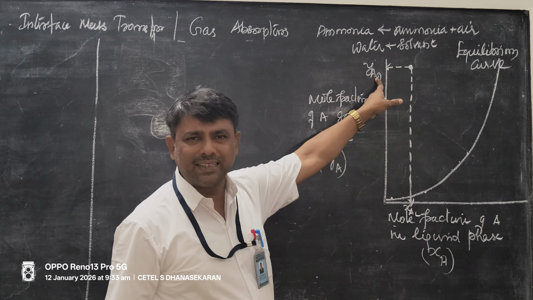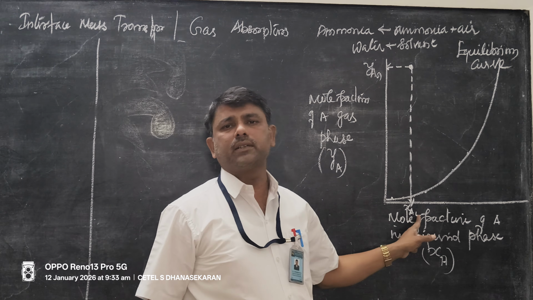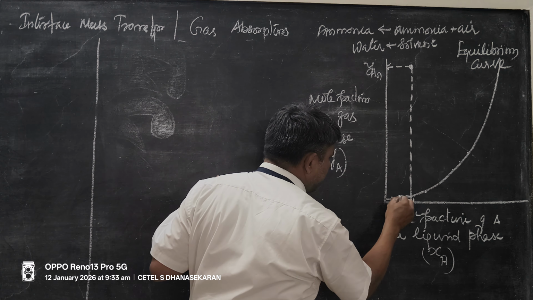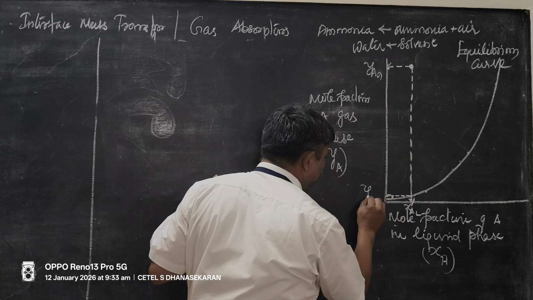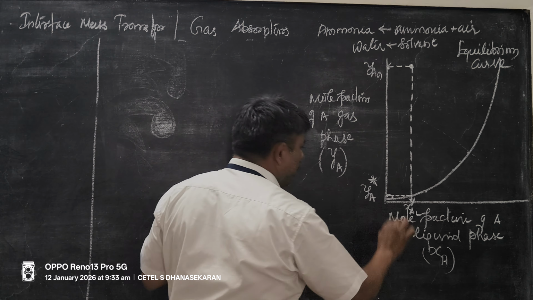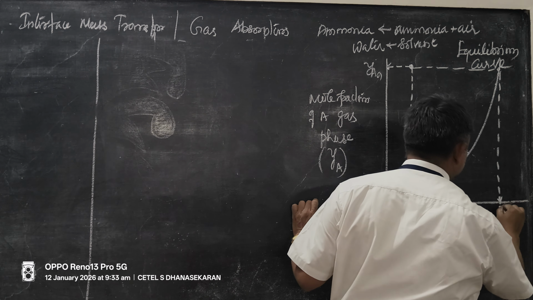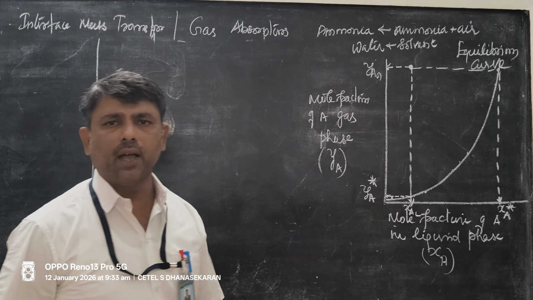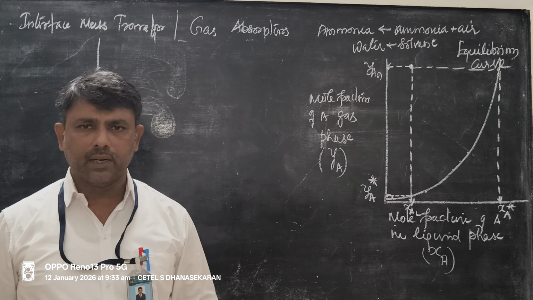G stands for bulk gas, L stands for bulk liquid. The intersection point with the equilibrium curve is called YA star, the mole fraction of ammonia in gas under equilibrium condition. This point of intersection gives XA star, the mole fraction of ammonia in liquid under equilibrium condition.